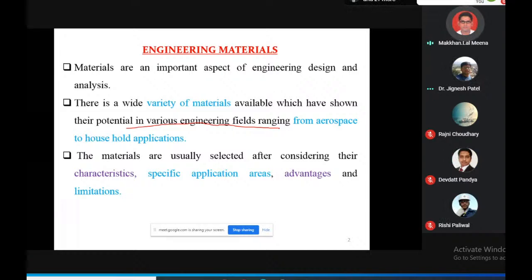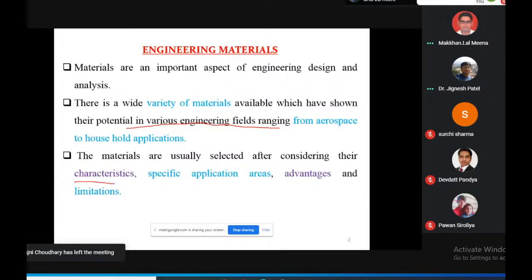The materials are usually selected after considering their characteristics and specific application areas. Based on the different applications, they have advantages and a few limitations. The primary function of an engineering material is to withstand applied loading without breaking. It is very important: loading without breaking and without excessive deflection.